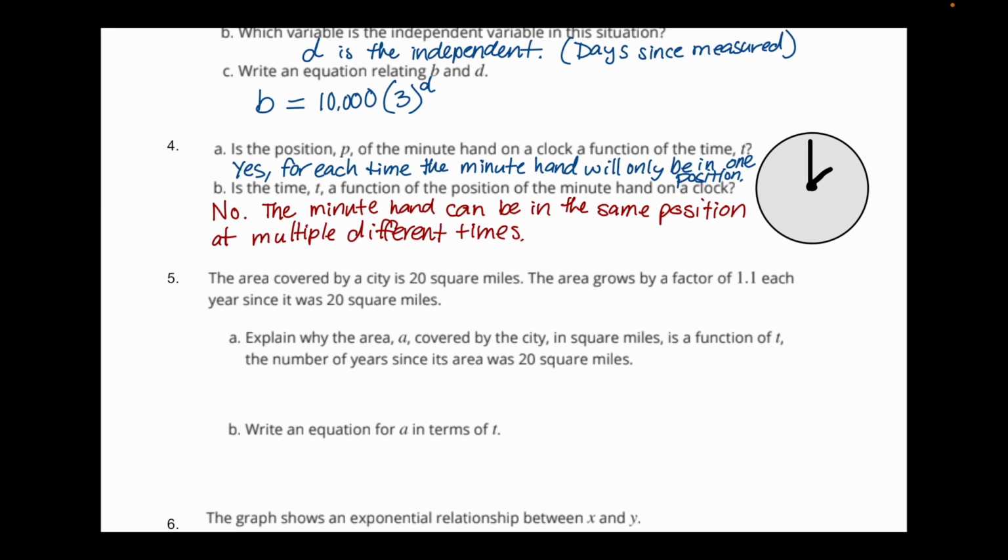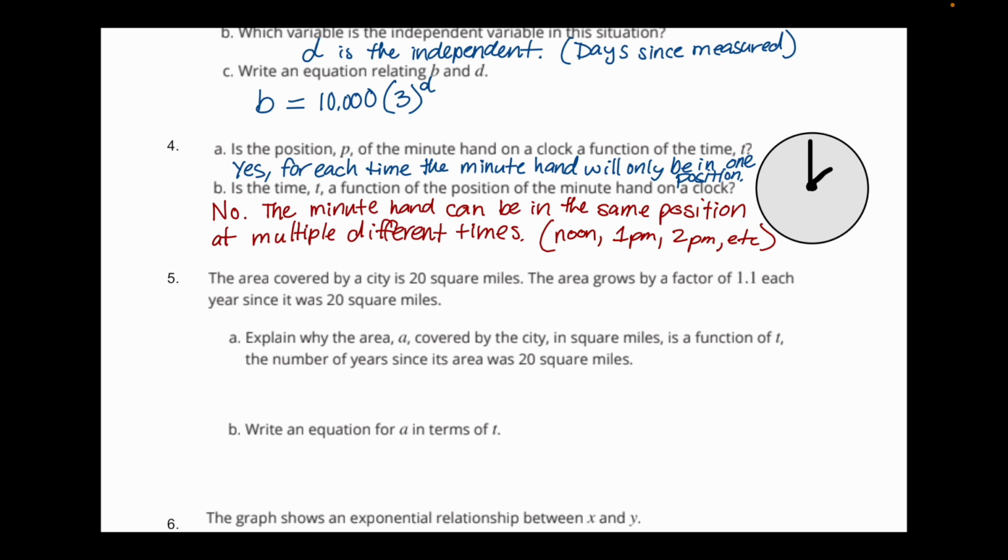And then I'm just going to put in parentheses the example I gave, like noon, 1 p.m., 2 p.m., etc. My minute hand is going to be in the same spot, even though my hour hand is different.